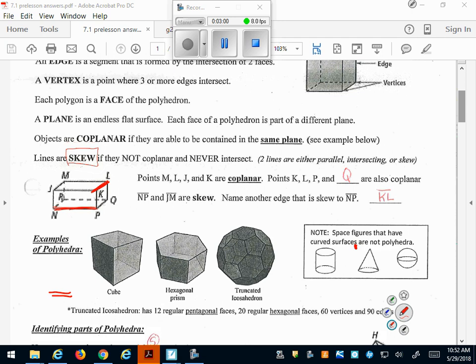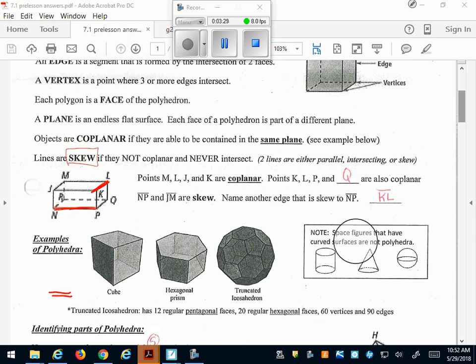Skew lines, which we've learned before, but you might need to be reminded. Skew lines are two lines or segments that never intersect, but are not parallel. So usually you're used to two things being parallel and they never intersect, but now if we make it so that they are not in the same plane, then they are considered skew. Okay?